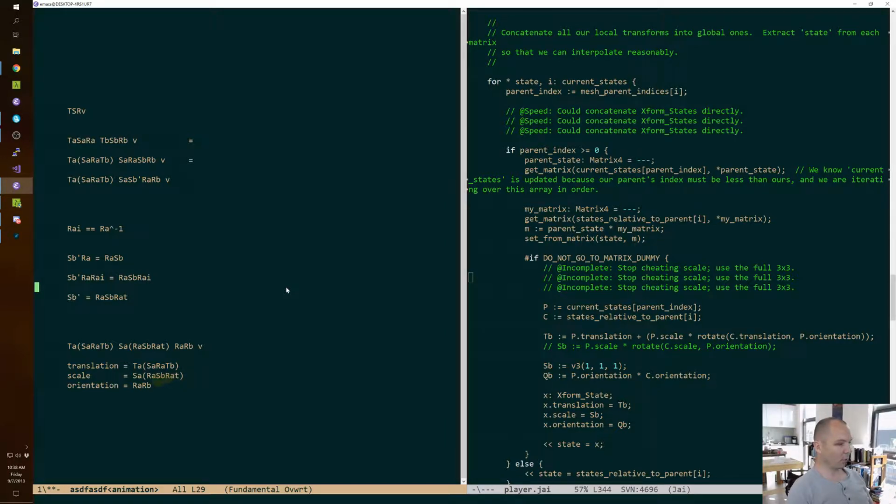But I could just convert it to a 3x3 and pull it out. Let's do that. I don't even know if I have 3x3 math operations, so let's look at that. But if I just blow the scale up to a 3x3, then I can do multiply, multiply, and multiply.